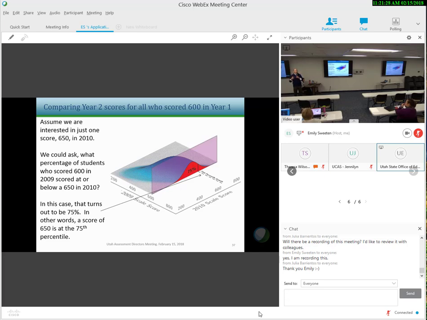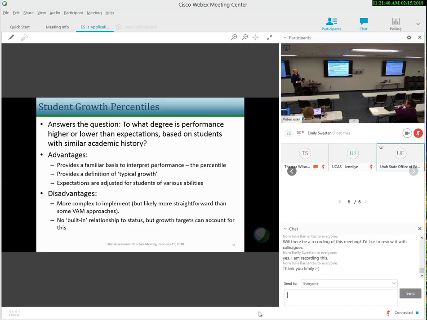And so sometimes people find that frustrating. I think like all the highest performing kids should get growth percentiles of 99. Well, no, because in some cases they're tied for first with 25 other kids. Typically, the way student growth percentiles are operationalized, the only prior information is previous achievement. It's not demographic factors or anything like that. That's a philosophical stance. It's not a fact of the computer program or anything like that.